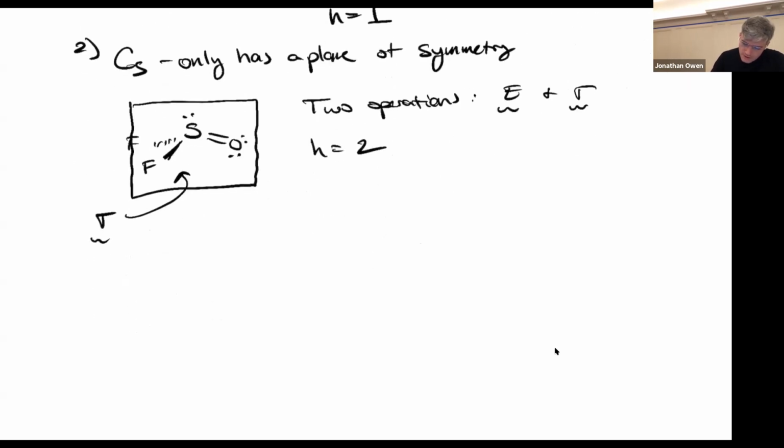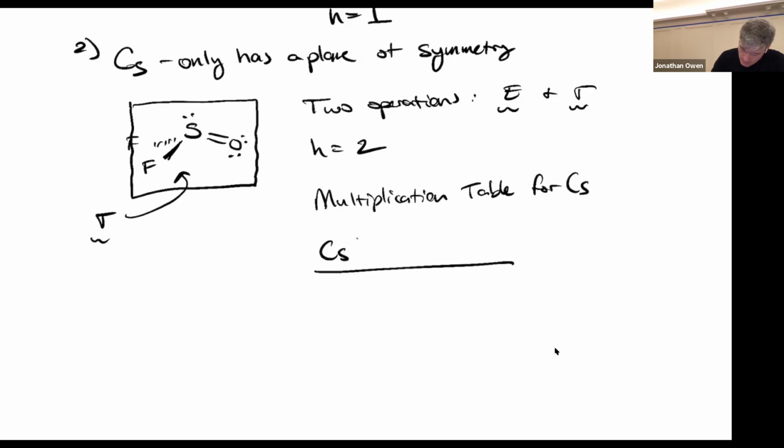All right, so we're going to make a multiplication table to show you how groups are formed. For Cs, remember, if you take any operations that you see in the group and multiply them by each other, you have to return another operation within the group.